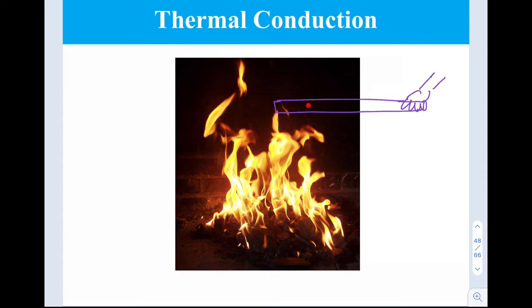These particles, in turn, collide with their neighbors and transfer some of their energy in the collision. Slowly, the amplitude of vibration of metal atoms and electrons further and further from the flame increases until eventually those in the metal near your hand are affected. This increased vibration is detected by an increase in the temperature of the metal and your potentially burned hand.